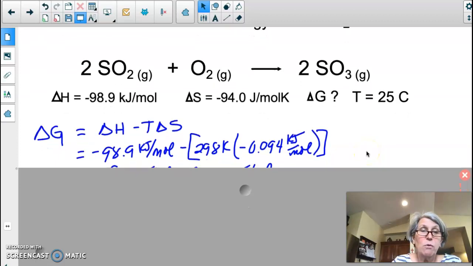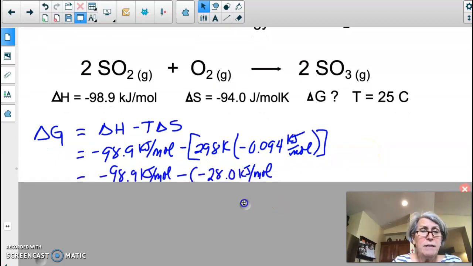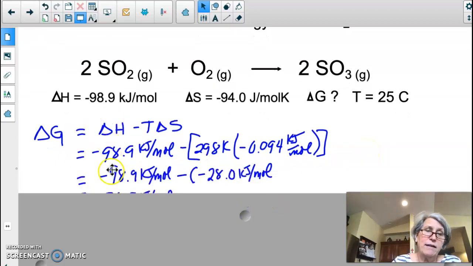So I brought down the negative 98.9 kilojoules per mole minus, because that's this minus here, and when I take 298 and multiply it times negative 0.094, I get negative 28.0 kilojoules per mole.